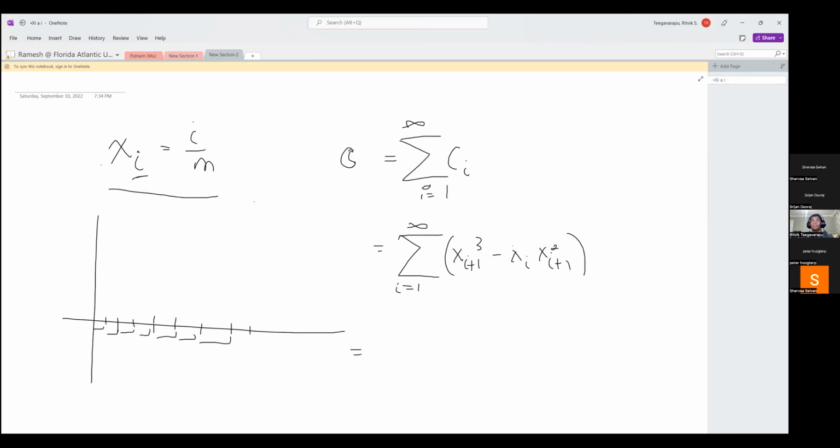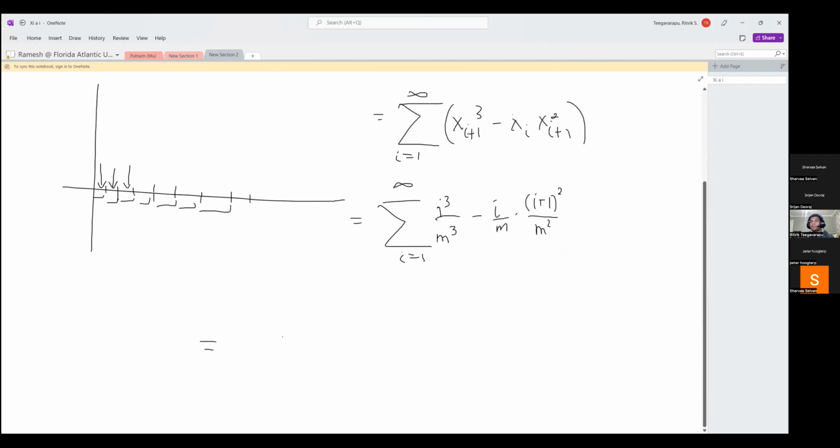So putting in our definition for x sub i here, this is i cubed over m cubed. And m is, in essence, the division of how many intervals we want. Again, this is the typical Riemann definition of what we're approaching. x sub i is simply i over m. And then this is i plus 1 squared over m squared.